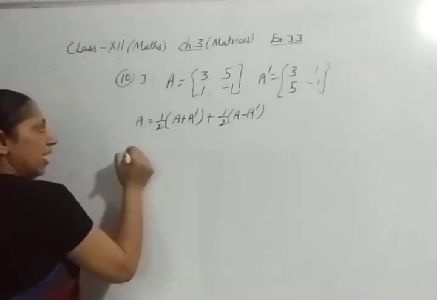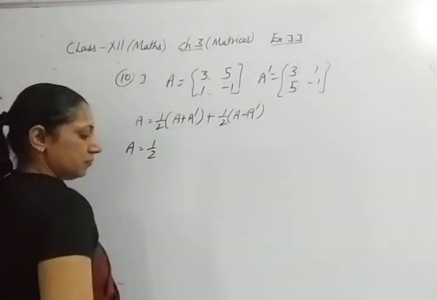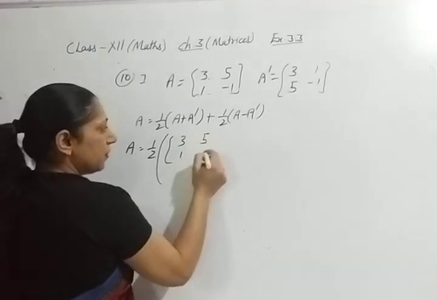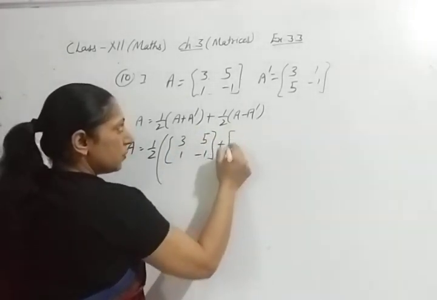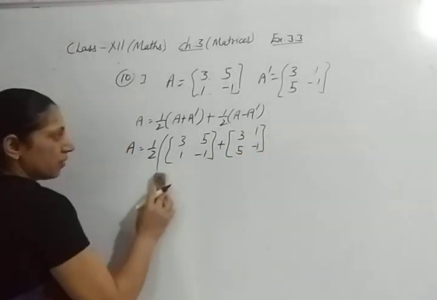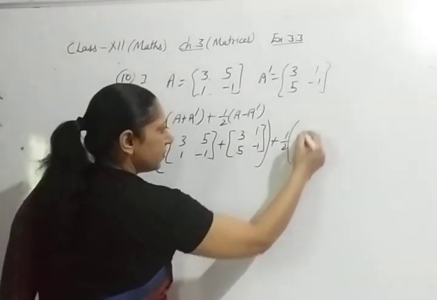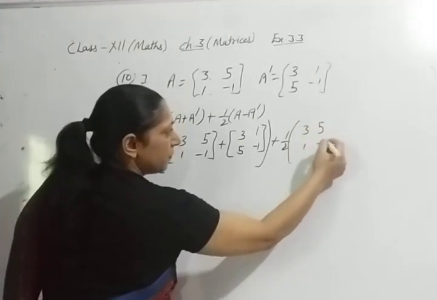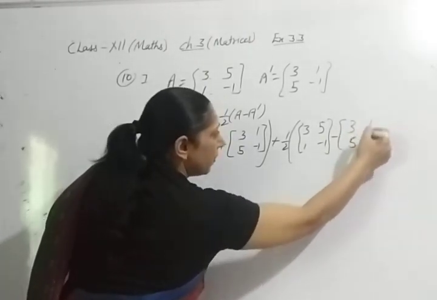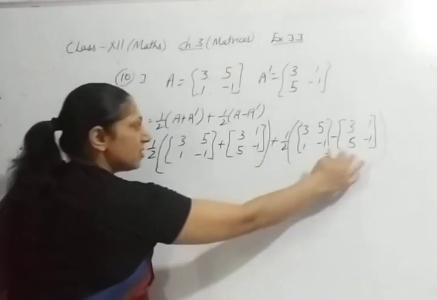So A is equal to half of A, which is 3, 1, 5, minus 1, plus A transpose, that is 3, 5, 1, minus 1, plus half of A, 3, 1, 5, minus 1, minus 3, 5, 1, minus 1. Now add these two matrices and subtract these two.